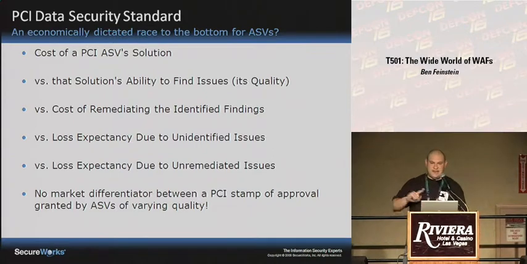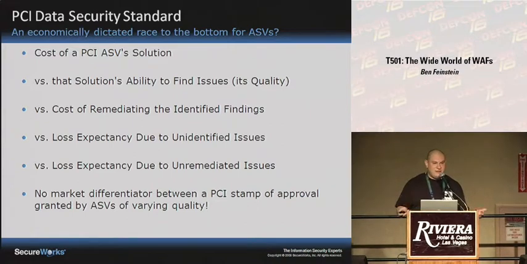They will identify the least issues. I will have to mitigate a smaller number of issues, and if I'm hit with a loss due to unidentified issues, I'm going to write that off. But I'm PCI compliant. I spent very little on my solution, and I've identified very few issues because it's a crappy scanner.